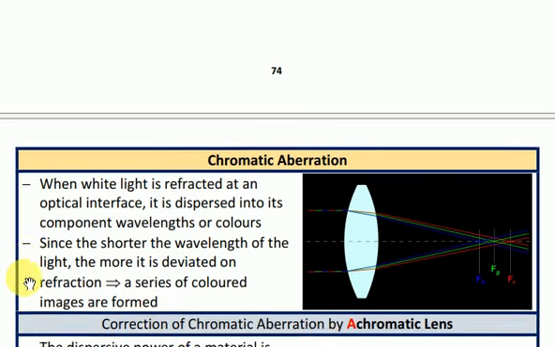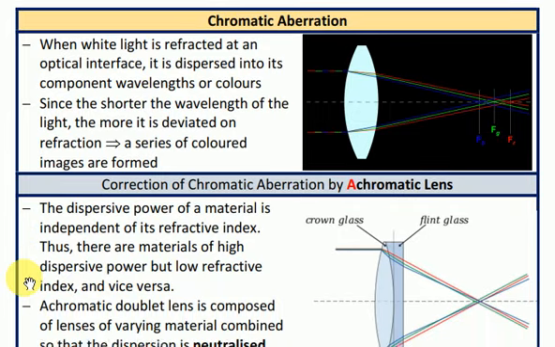First type of aberration is chromatic aberration. When light is refracted at an optical interface, it is dispersed into its component wavelengths or colors, which we have discussed in chapter 3, dispersion.